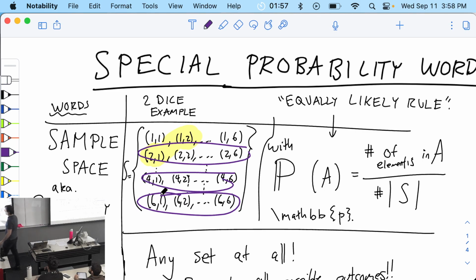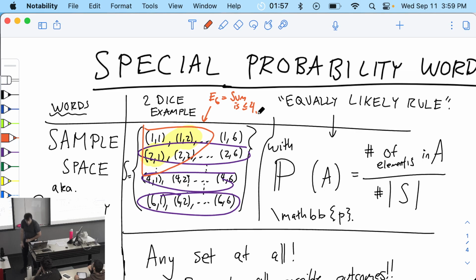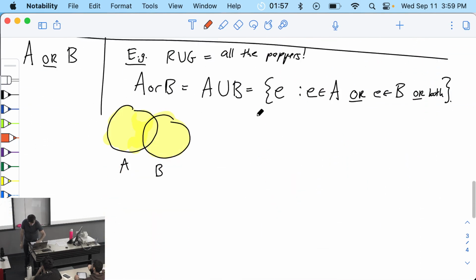And then the other event is the event that the sum of the dice is less than 4. That event looks something like this. It's a little triangle that looks like that. This is the event E6, both dice sum is less than or equal to 4. So maybe I'll draw a cartoon, because I love cartoons for math.